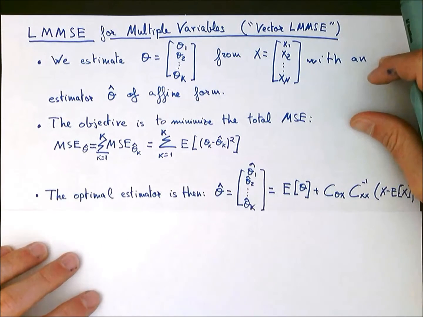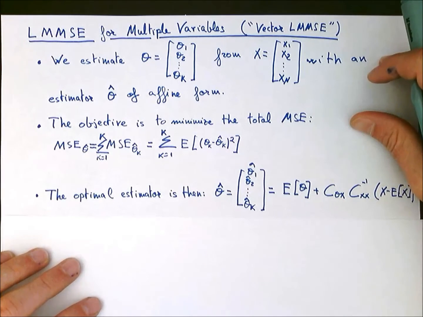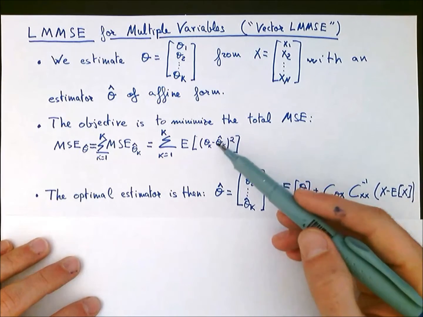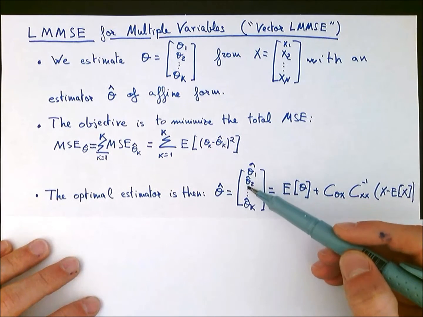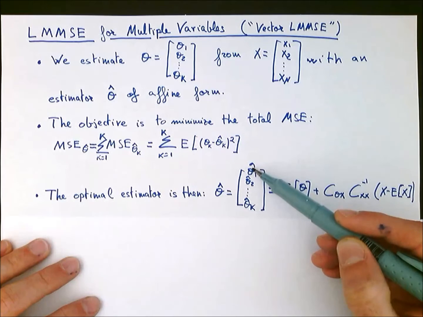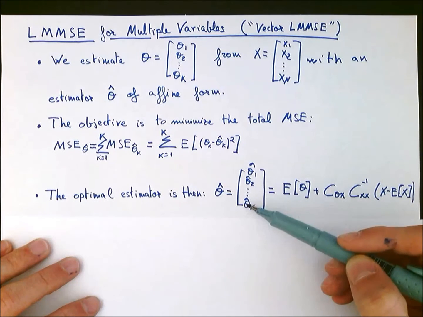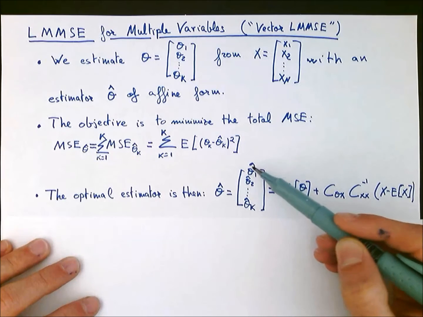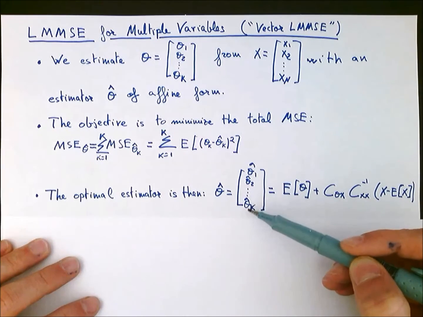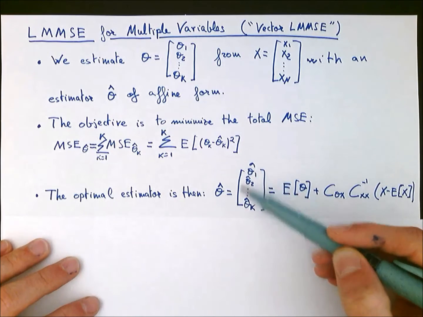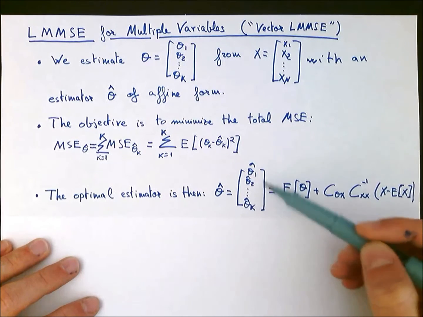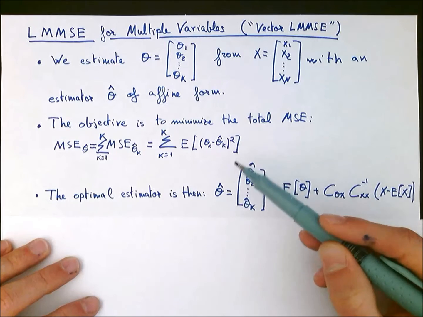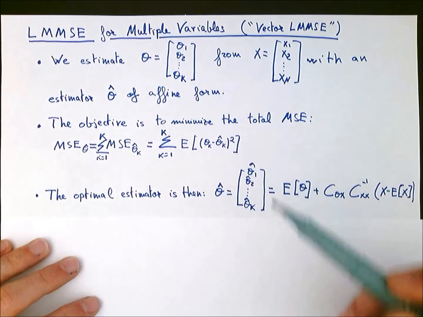Hence, in order to compute the optimal estimator, one needs only to stack individual LMMSE estimators into a vector form, and this would give us an estimator in which the mean squared error of each of its components is going to be minimum for the type of estimator that we have chosen, an affine estimator.